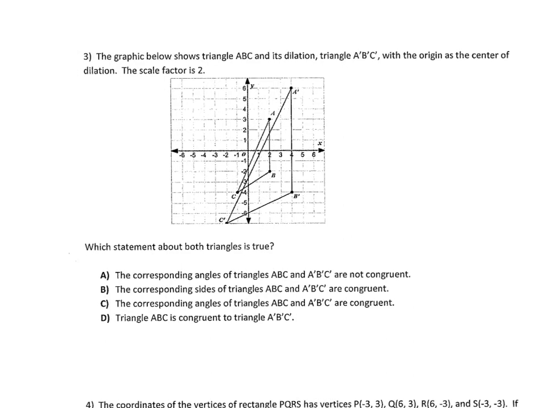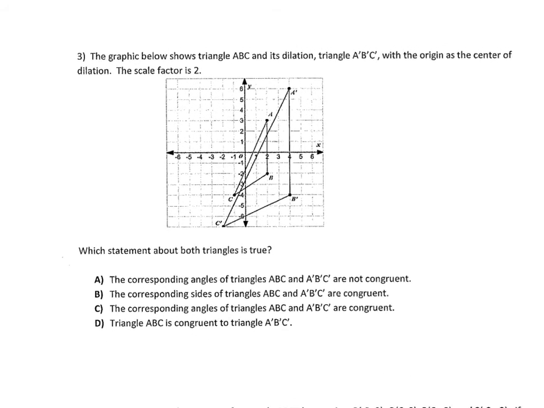Okay, number 3, the graphic below shows triangle ABC and its dilation, triangle A prime, B prime, C prime, with the origin right in the middle as the center of dilation, and the scale factor is 2. So which statement about both triangles is true?